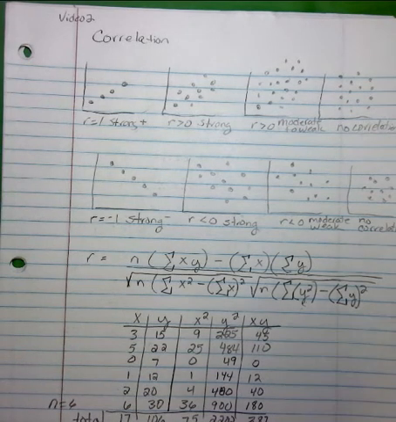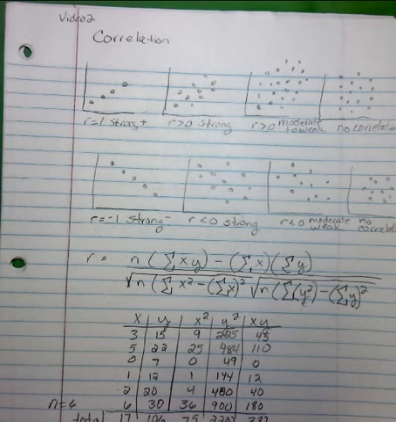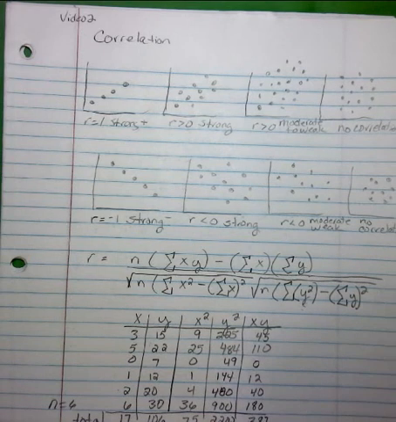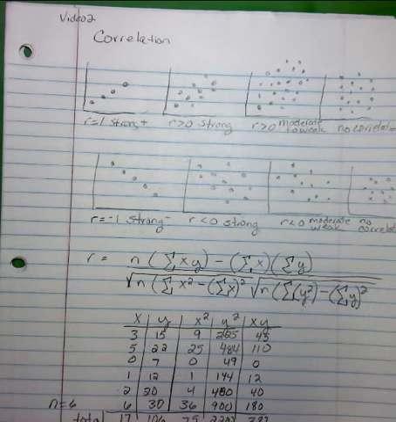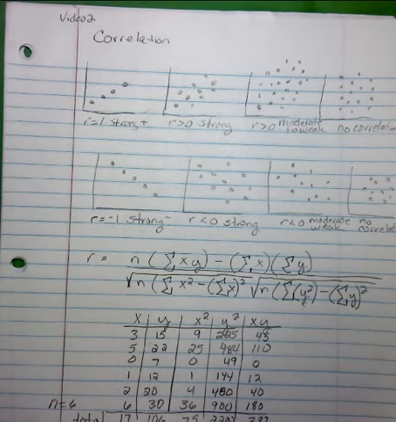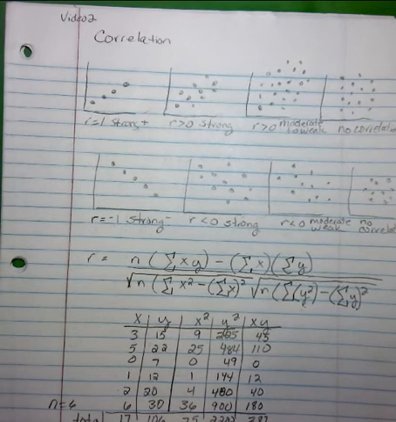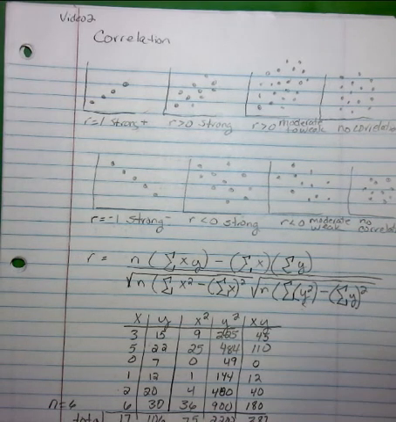So that would be 6 times 387 minus 17 times 106, over the square root of 6 times 75 minus 17 squared, and 6 times 2,202 minus 106 squared.